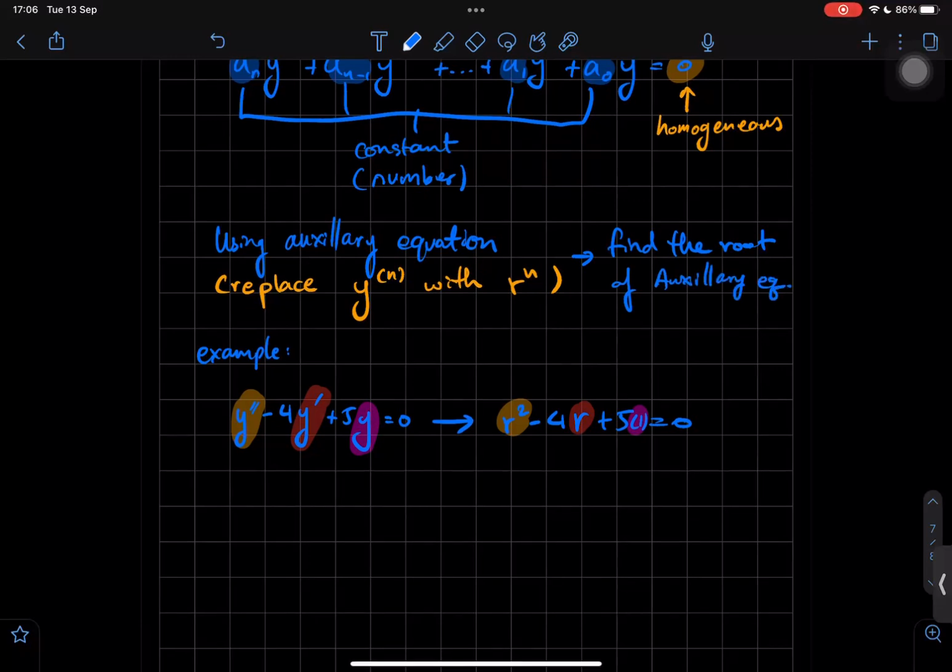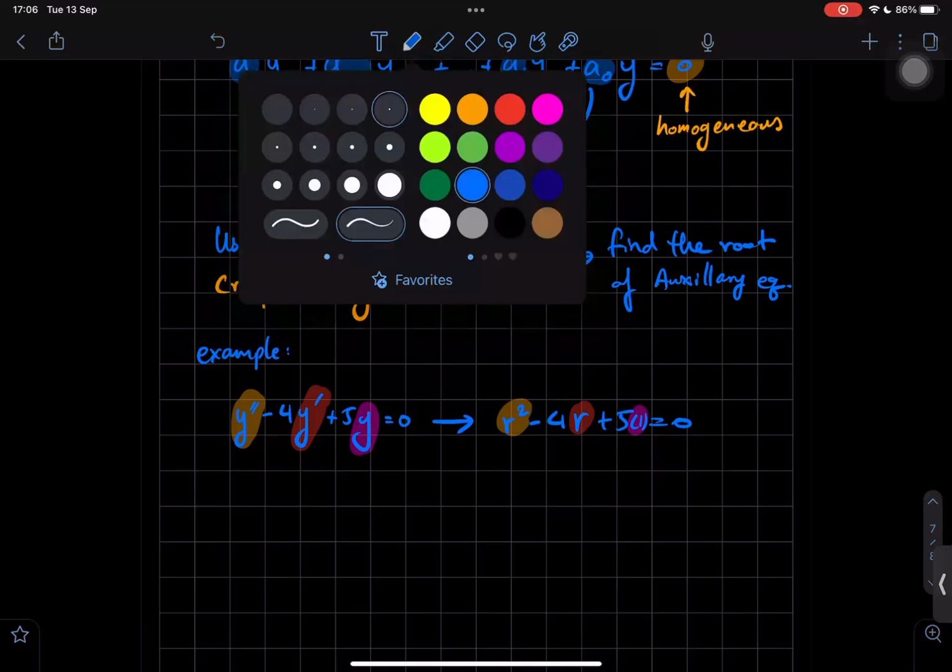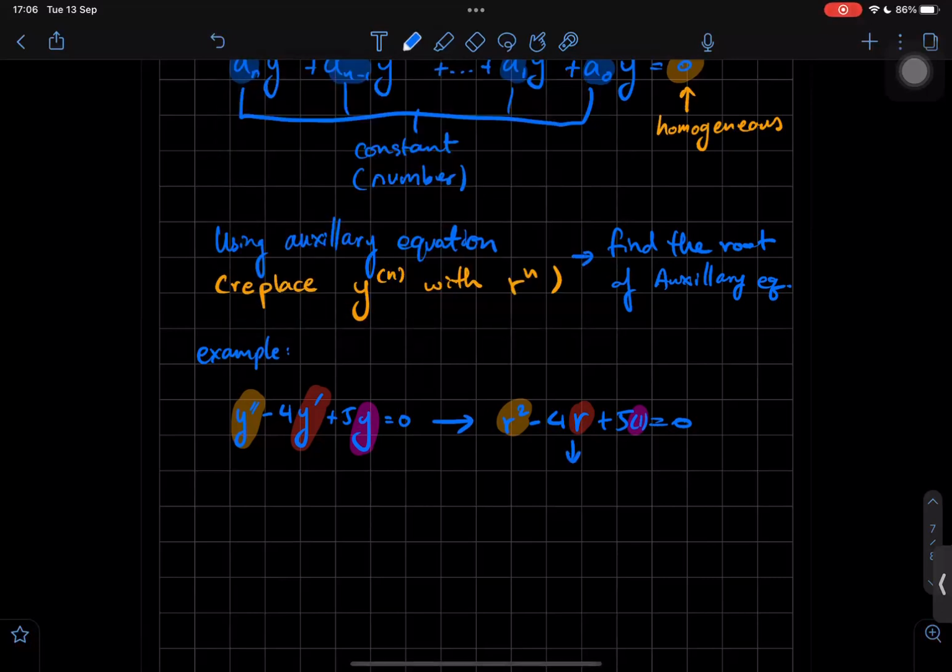Like this one, if you find the root, you will get r equal to 2 plus i and 2 minus i.